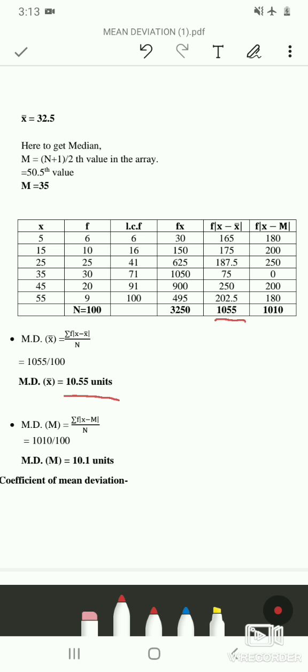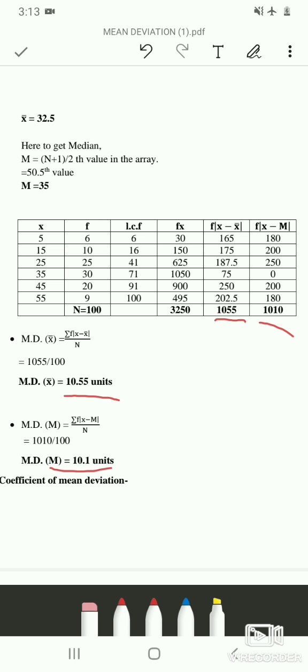So you will get the answer as 10.55 units. And the mean deviation from median is summation f into absolute value of x minus M, that is 1110 upon 100. So you will get the value as 10.1 units. You can see median gives us the least value of mean deviation.